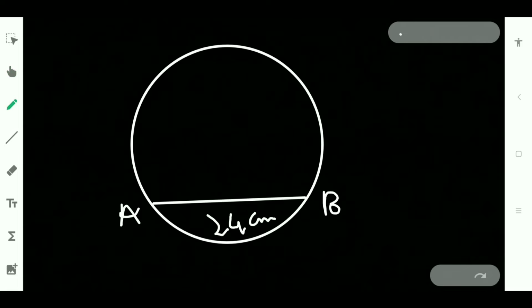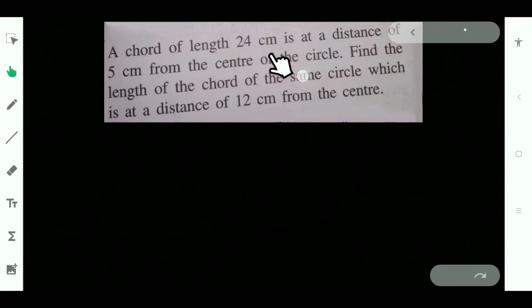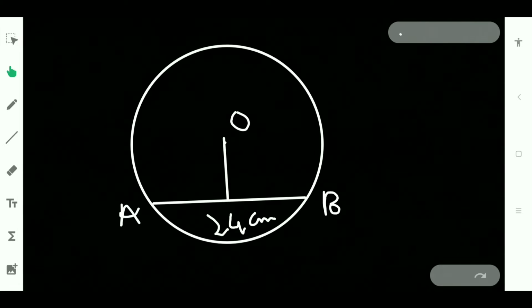So this is the center, let us take center O, and I am drawing this line from the center because they have said the distance is 5 cm from the center of the circle. Let us take this point as P. So OP is equal to 5 cm.